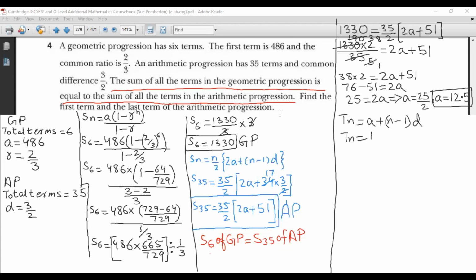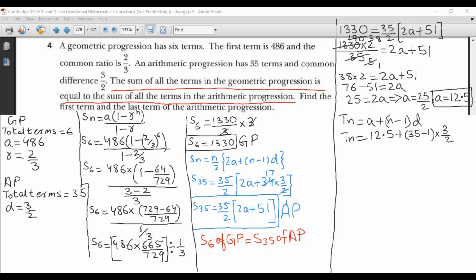It is coming 12.5 plus (n minus 1). n will be the last term, and how many terms were there? 35. So the 35th will be the last term over here. 35 minus 1 into the value of d, and the value of d was already given, 3 over 2.